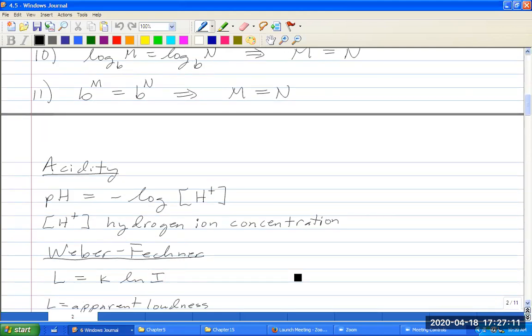Some formulas. Acidity: the pH is equal to the negative of the log of the hydronium concentration.